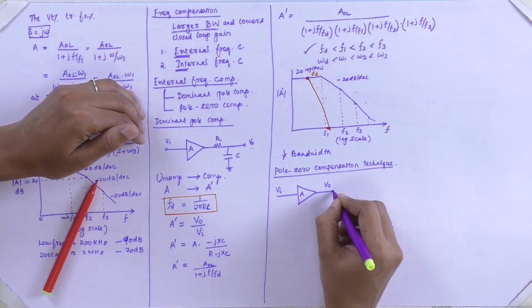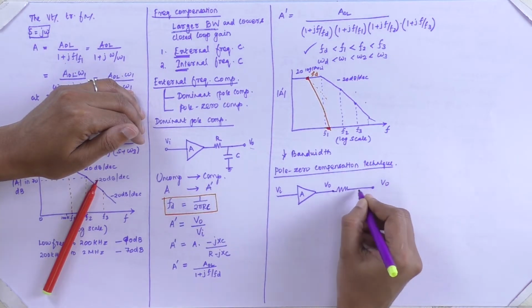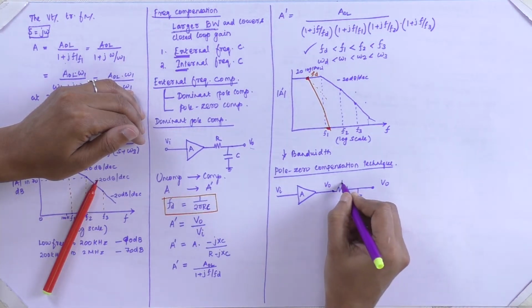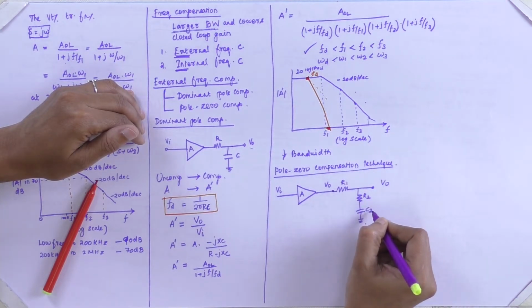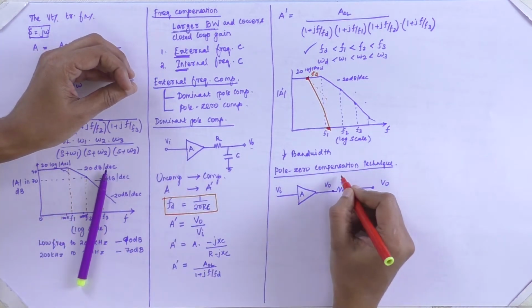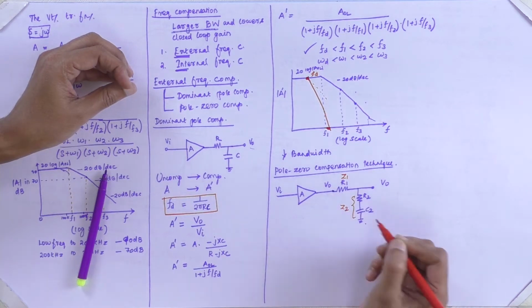Here we are going to add a series resistance, and the output V0 is taken, and here we are going to connect the resistive component and the capacitive component. So here the resistive component R1, R2 and C2. These are the impedances. Here I am representing Z1, here the representation as Z2.